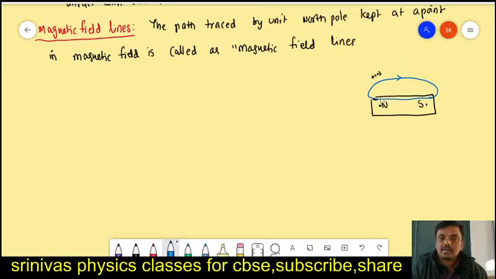And next, another field line we will take. This is also a field line.